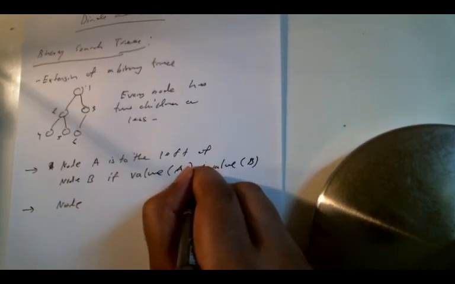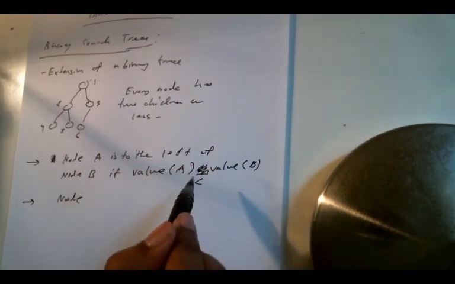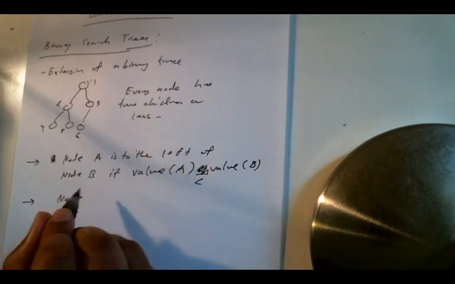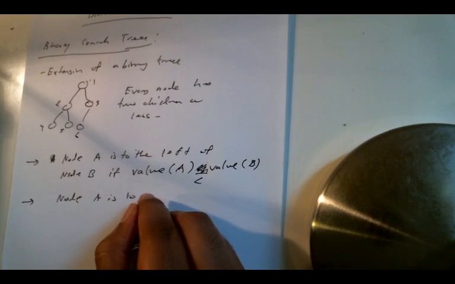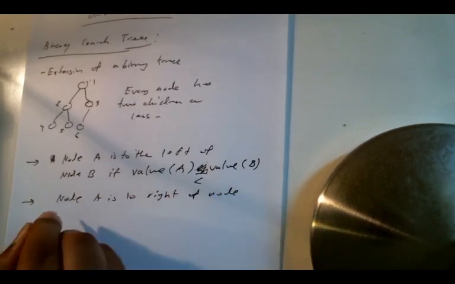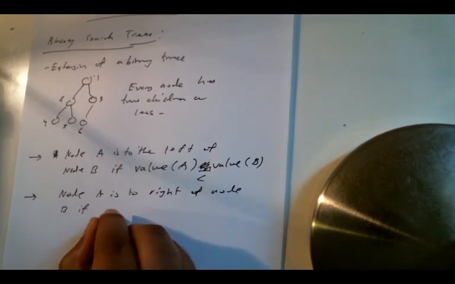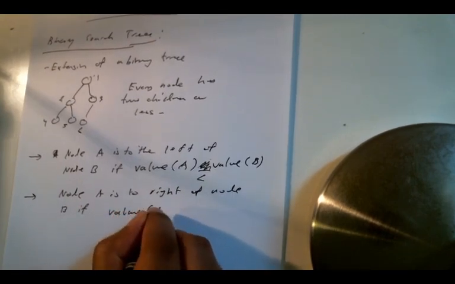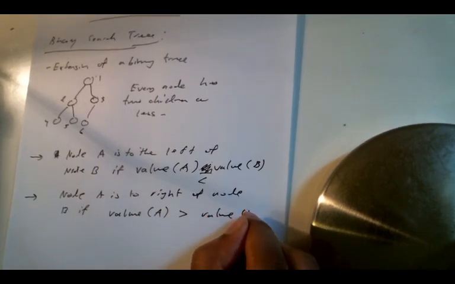Actually, let's assume that we have unique values in this case. Node A is to the left of node B if the value of A is less than the value of B. Node A is to the right of node B if the value of A is bigger than the value of B.